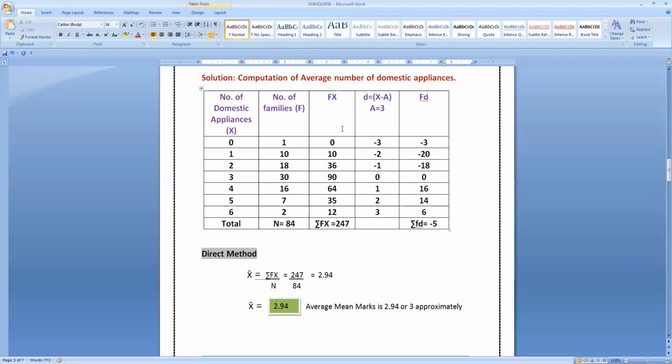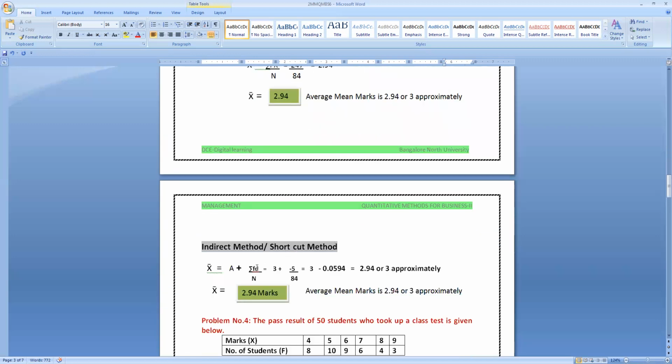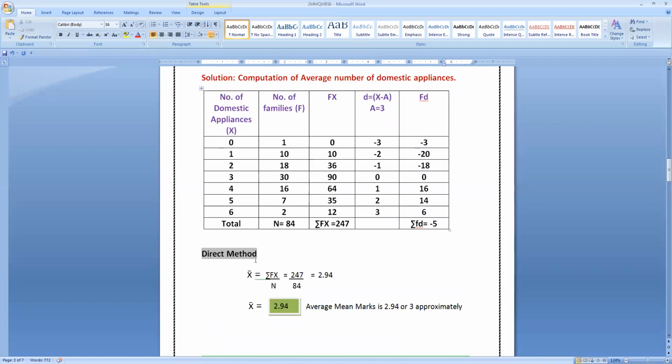So we require one fx column here, because when the frequencies are multiplied with the variables and all of these are totaled, it becomes sigma fx. If we calculate with the shortcut method, we should remember the formula, mean equals a plus sigma fd by n. So we require a, the assumed mean. How do we calculate the deviation? D is nothing but x minus a, and the fd column.